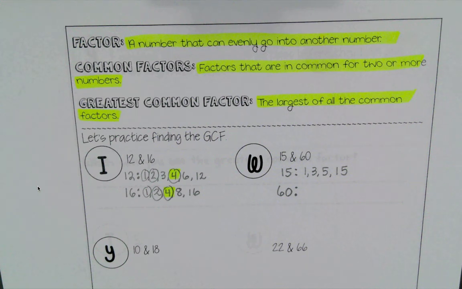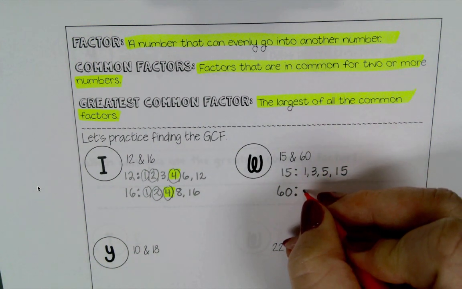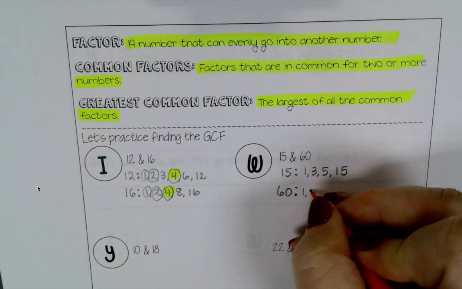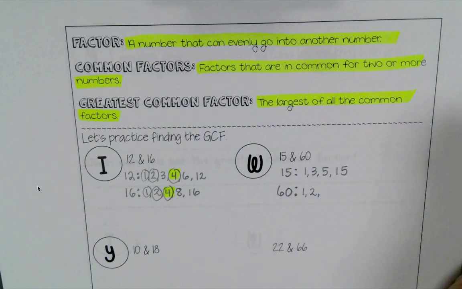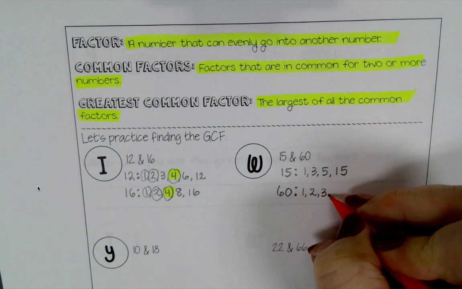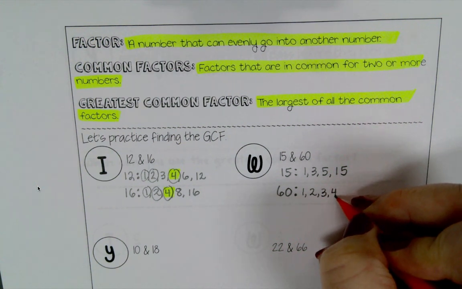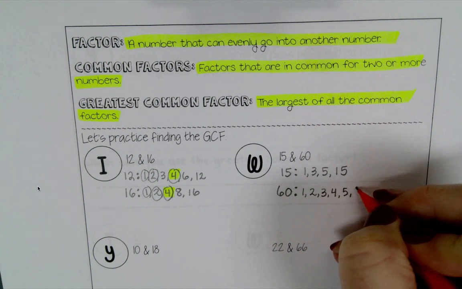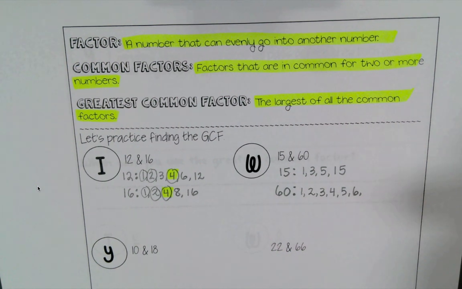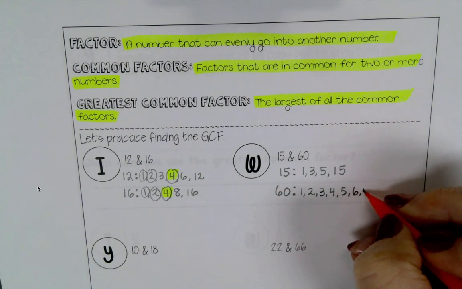Okay. 60, there are a lot of factors of 60. So let's start thinking. 1, 60 divided by 2 is 30. What about 3 goes into it? 4 goes into it. 5, 6, 7, 8, 9, 10.